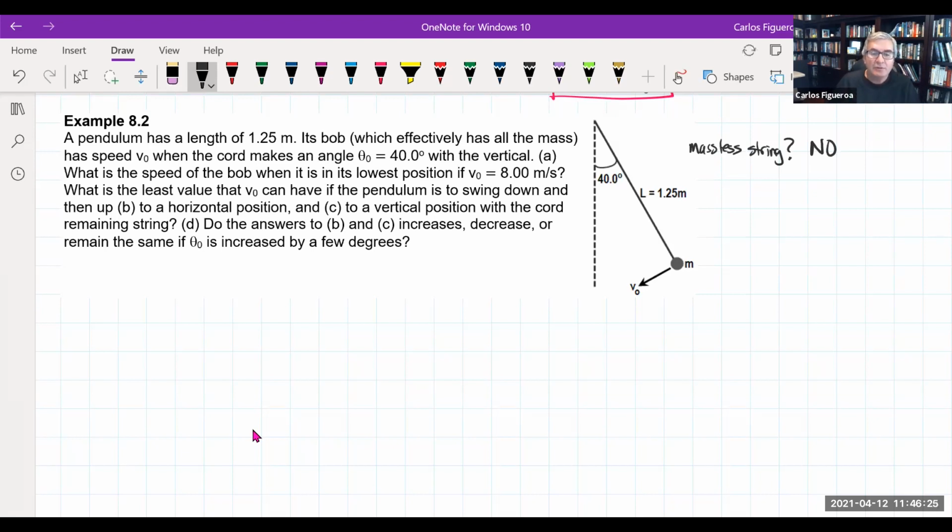You can't go to the store and buy a massless string. However, there's a very good approximation of a massless string.